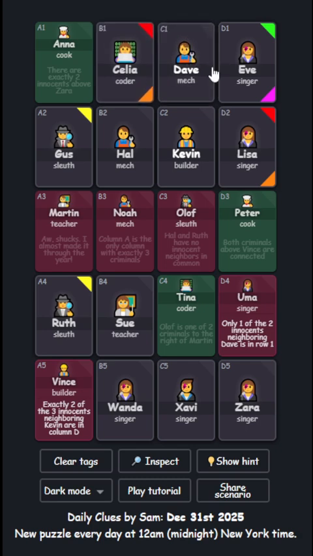In this case, only 1 of the 2 innocents neighbouring Dave is in row 1, so we're left with these 2 being unclear. And then for Kevin, 2 of the 3 innocents are in column D, so again, that wouldn't give us anything. We wouldn't know anything at all. Sadly, that does not tell us anywhere near as much as I would have liked.